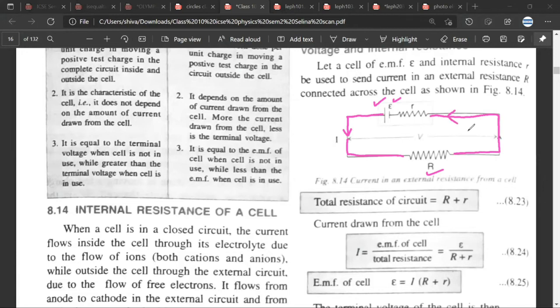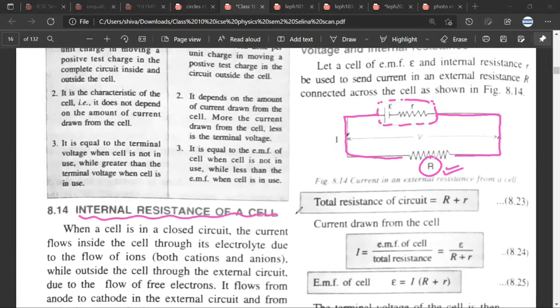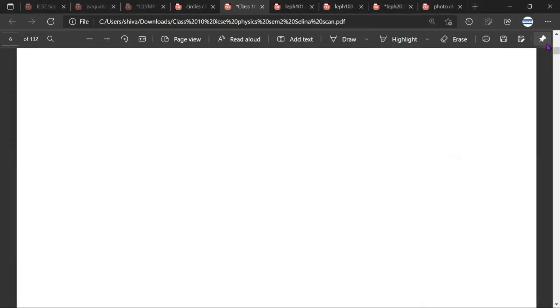Is it clear? Always remember that this resistance can be any electrical component, and the resistance of the wire is negligible compared to it. Of course, we'll study the internal resistance of a cell also, which is a separate topic. I think we'll discuss this in the next lecture. Any doubt till here?